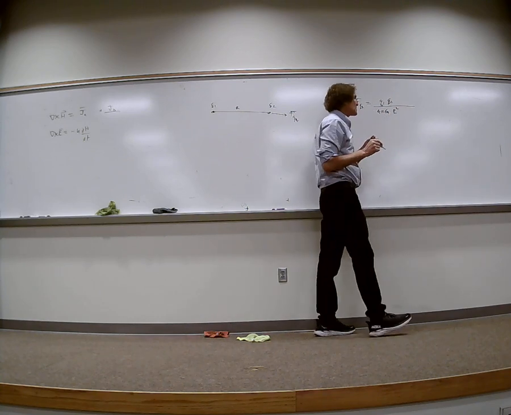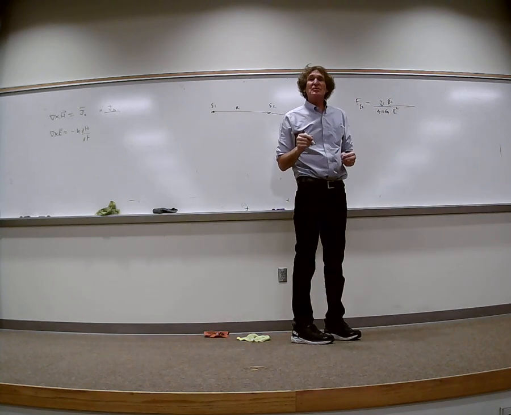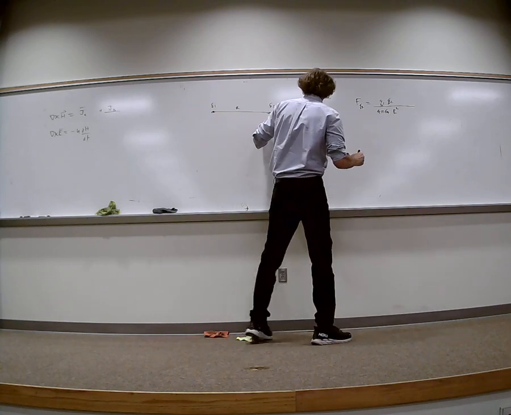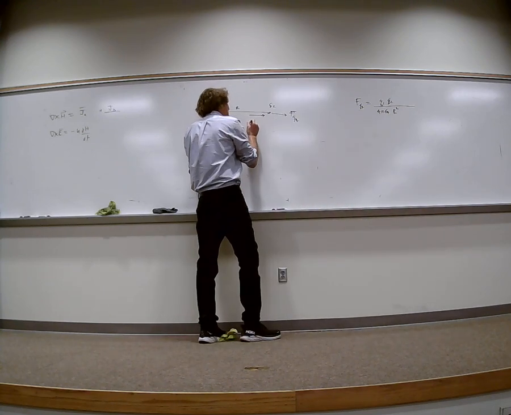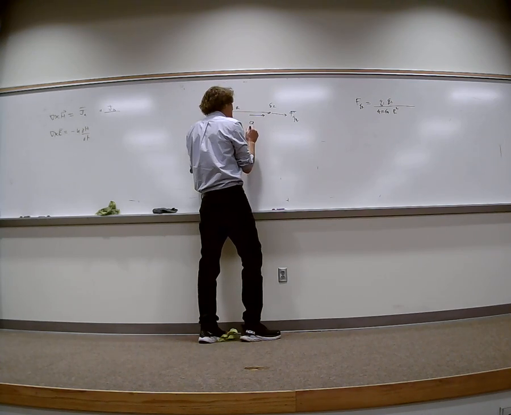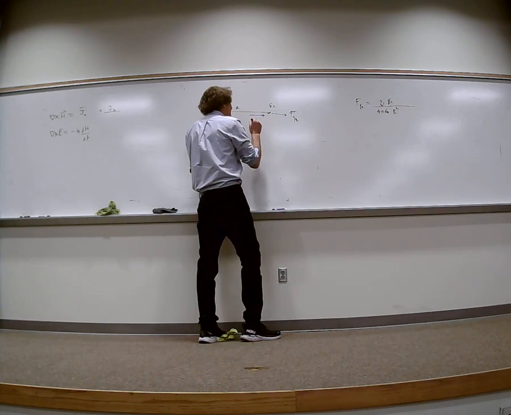Now that's going to be just the magnitude, and then it's times a unit vector in the direction that goes from Q1 to Q2. So there's something called a unit vector, and I'll just call it a_P. I'm not sure what he calls this in the book. Doesn't matter.